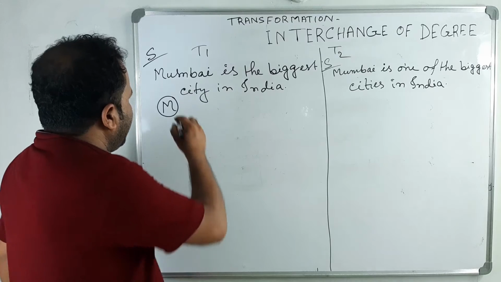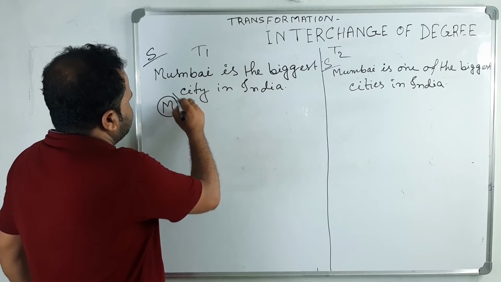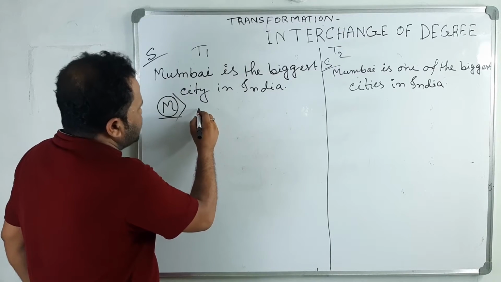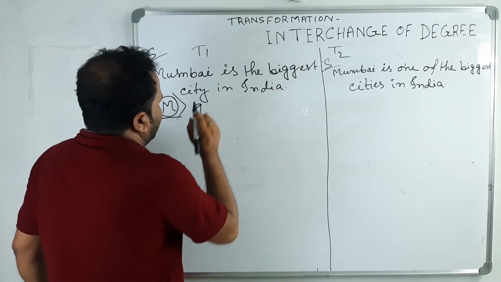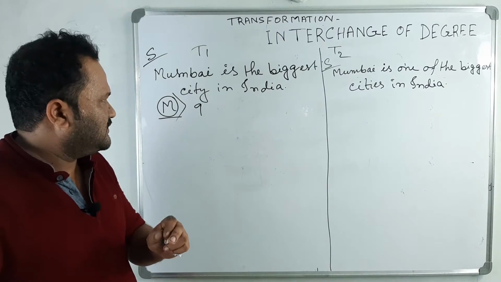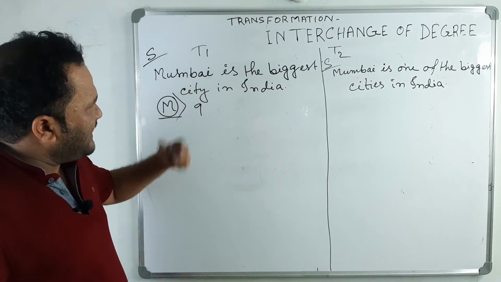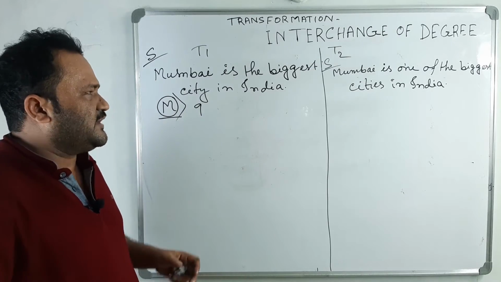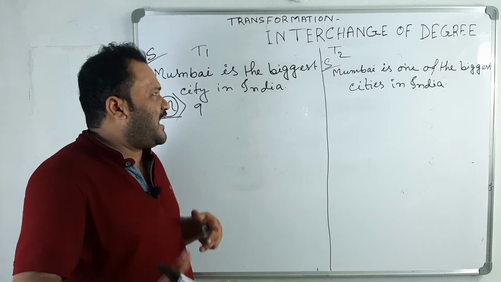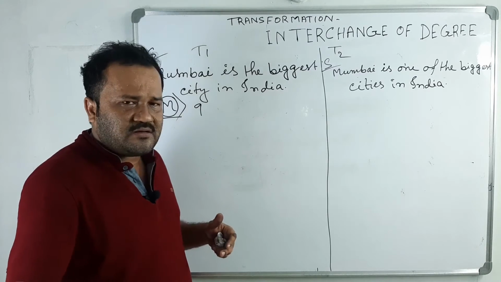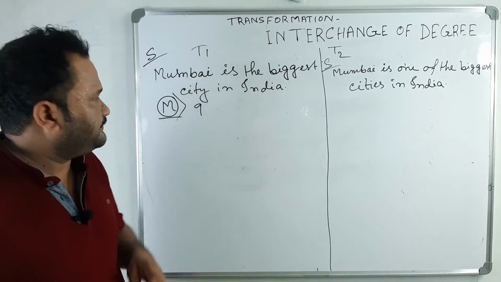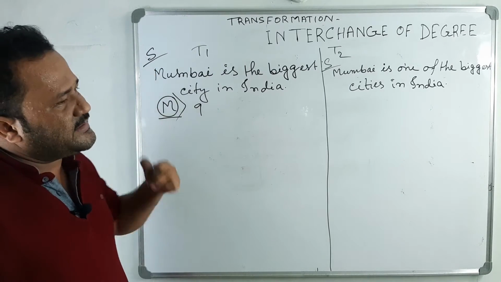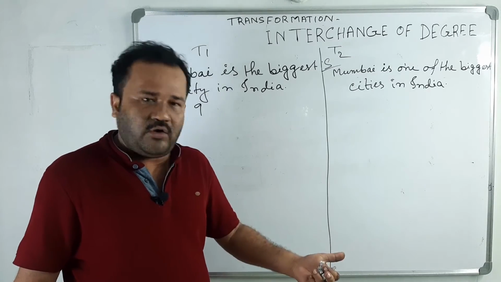This sentence means Mumbai is bigger than the other 9 cities. Clear? If I say Mumbai is the biggest city, that means there are no other cities which are as big as Mumbai. So that means Mumbai किसी भी सिटी से बड़ा है.